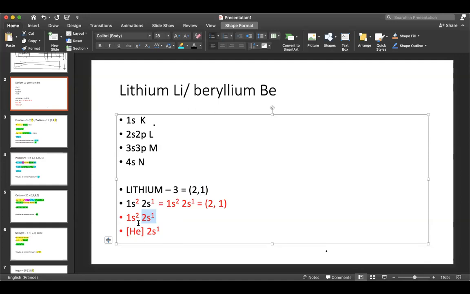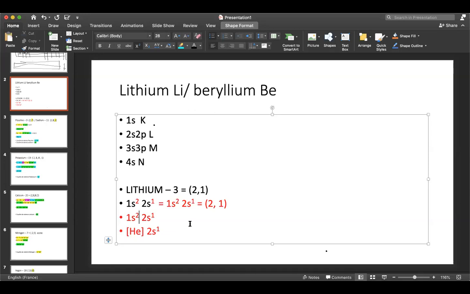In our case, this here represents the electron configuration for helium, which is 1s2. Helium cannot be represented by any other noble gas configuration, because it's the only noble gas that has a maximum of 2 electrons in the outermost shell.